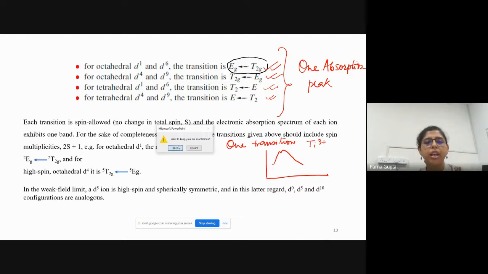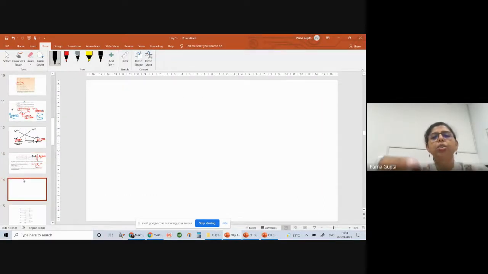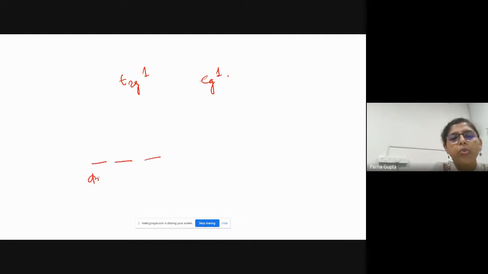I shall give the slide after this, but let me explain and then you can understand. As I told you earlier also, if I take t2g1 and then eg1, what could be the point? It could be at dxy, dxz, or dyz, any of these orbitals, right?